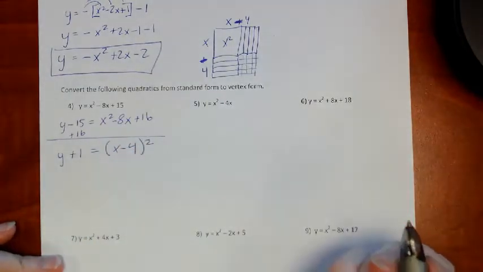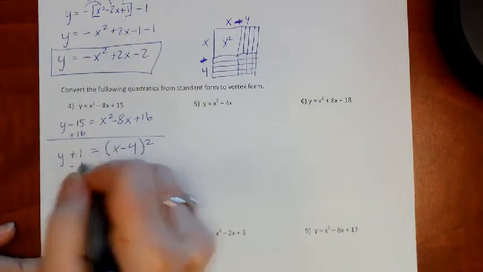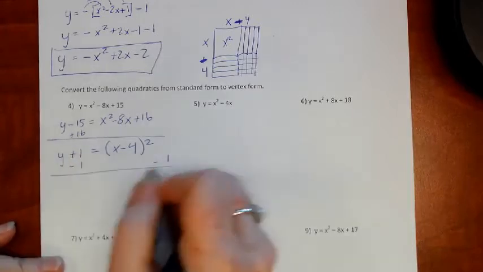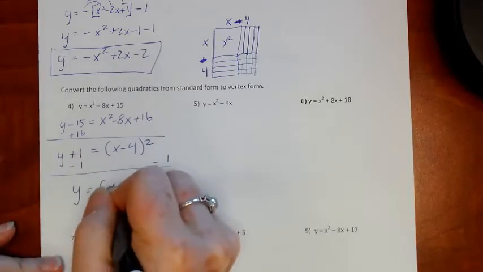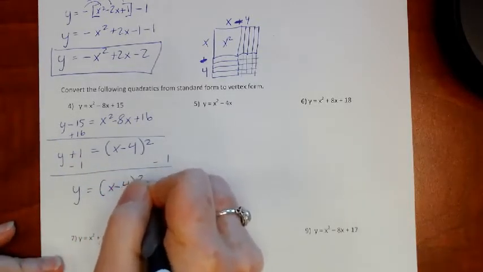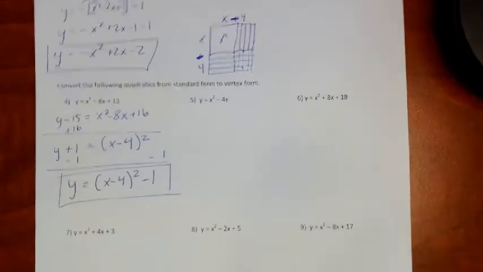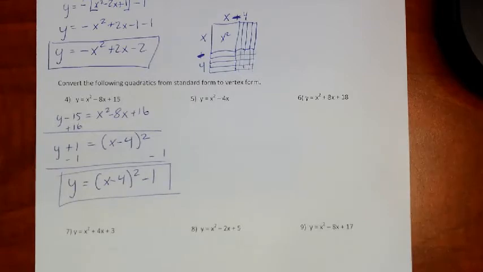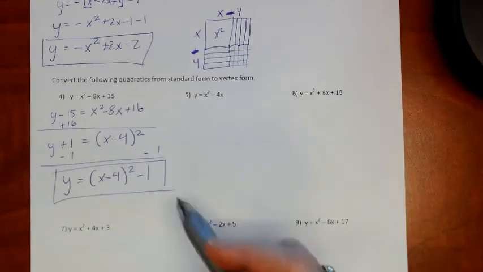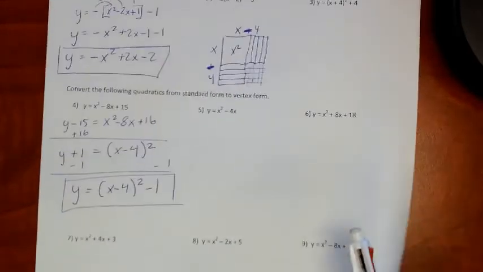There we go. And then I'm just going to subtract the 1 on both sides. Okay, that is in graphing form. So hopefully you can use that. If you didn't already know, you can use that to finish these problems.